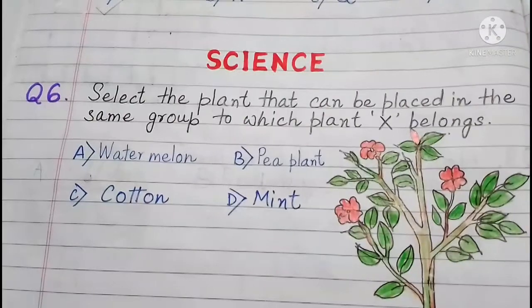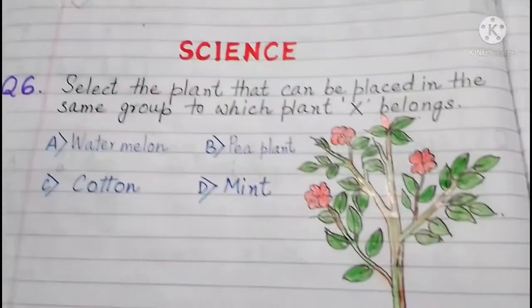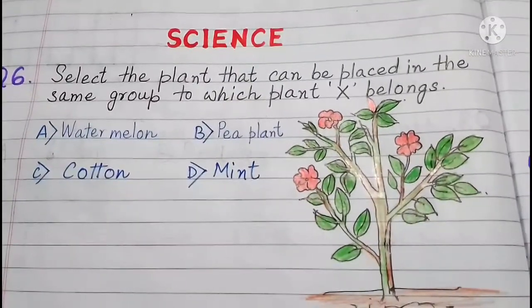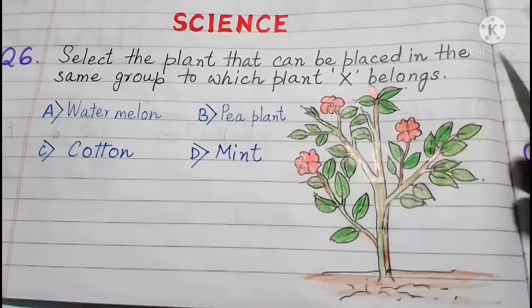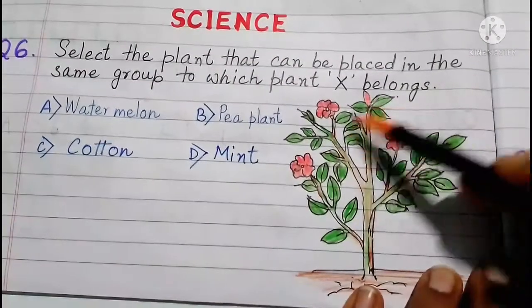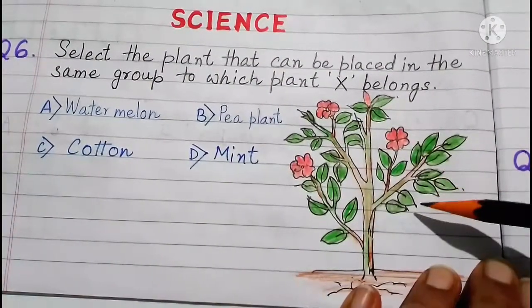So question number 6, select the plant that can be placed in the same group to which plant X belongs. Now the figure of this plant is given here. This looks like a shrub.